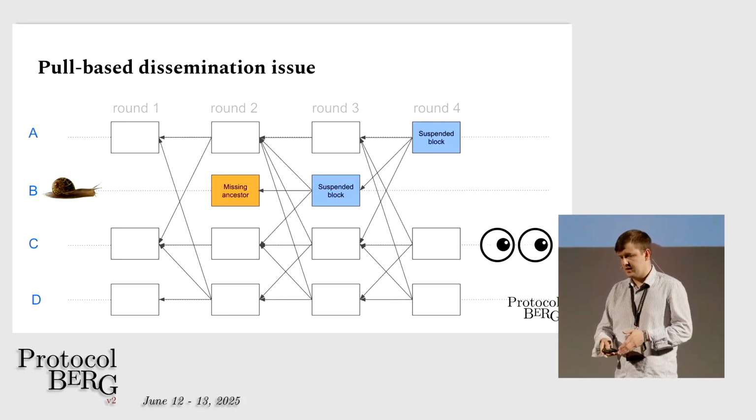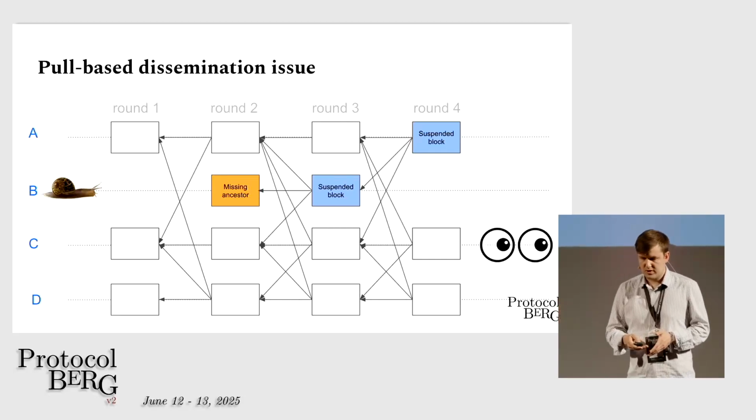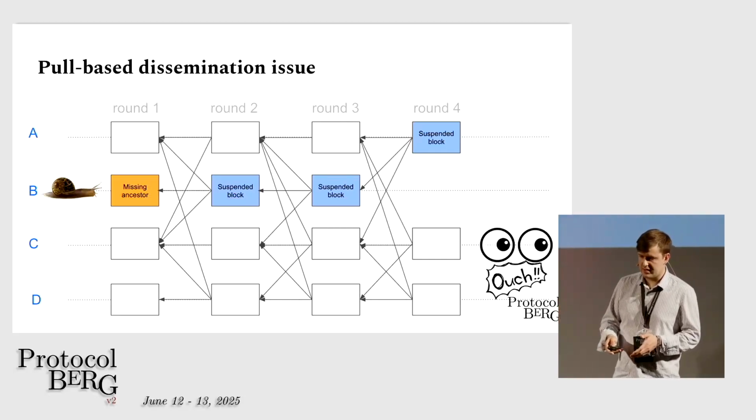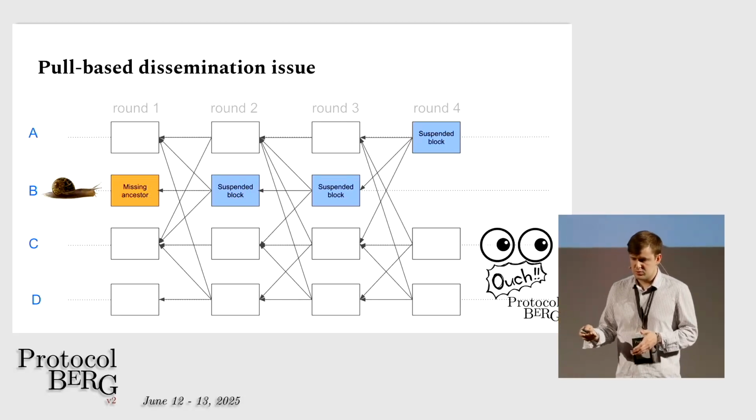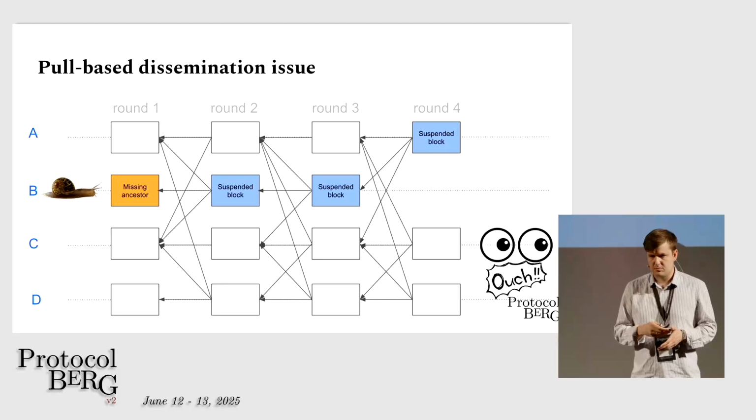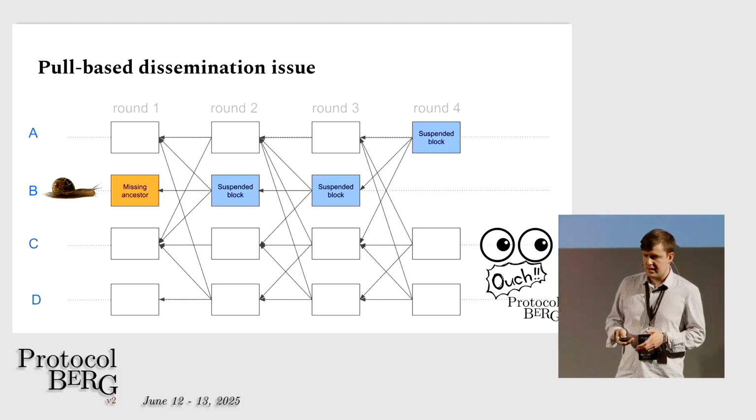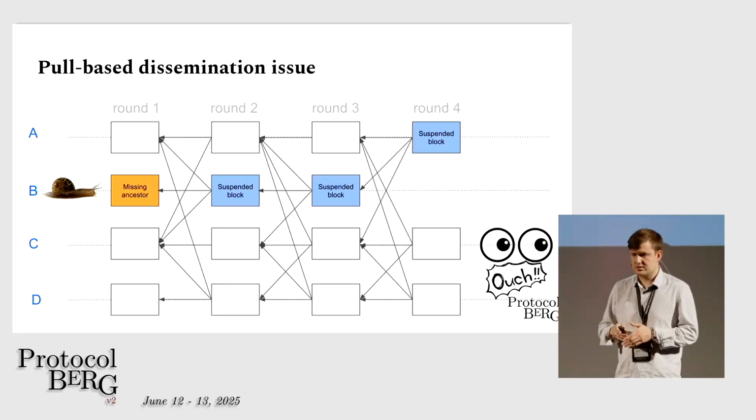Then I need to request another ancestor, and this pulling strategy takes a lot of time to collect all the missing ancestors. And that's exactly the issue that we're going to solve.